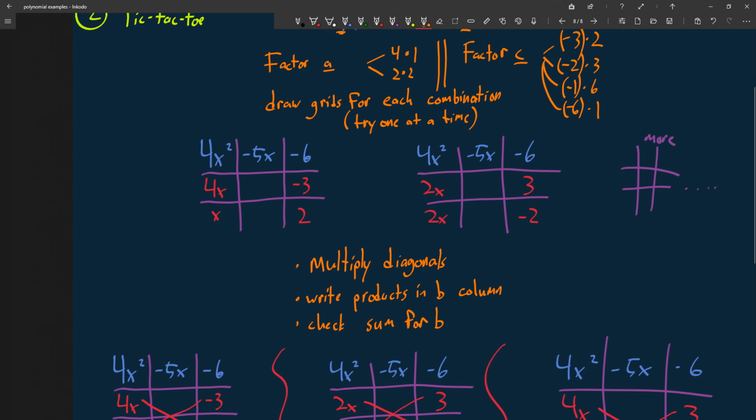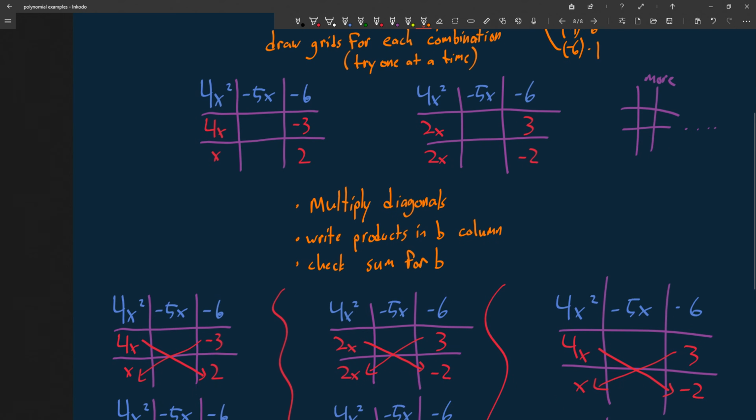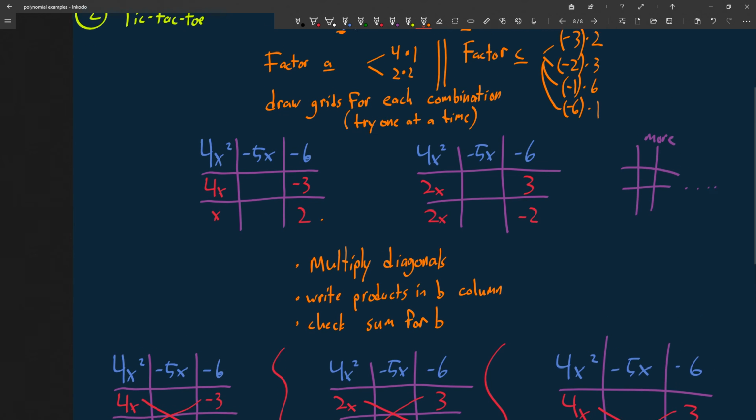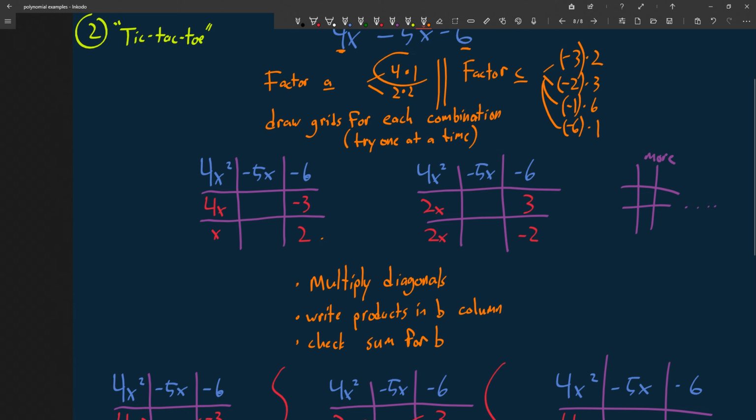And pick some factors of the c term. And you're going to try all of the various combinations until you find one that works.